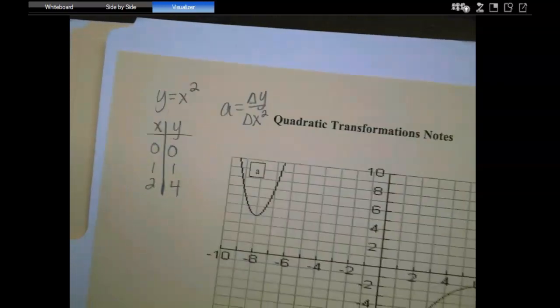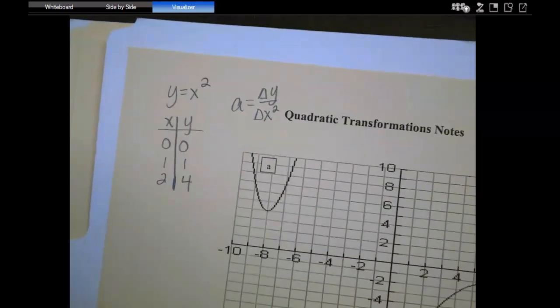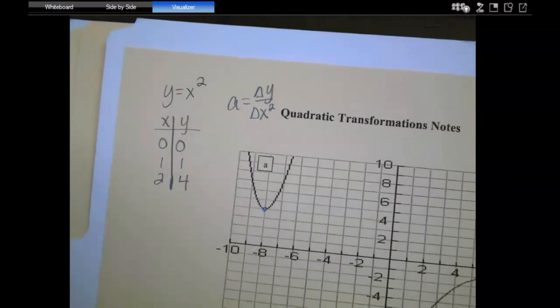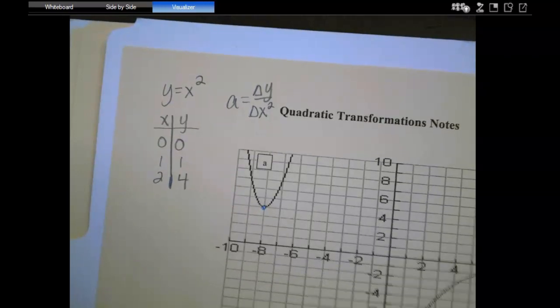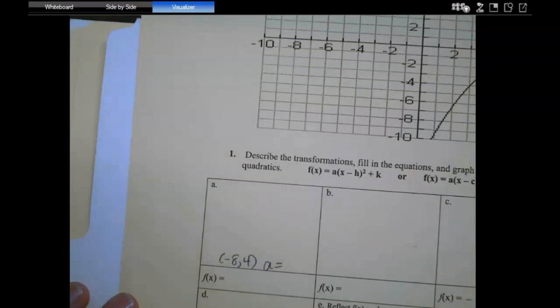All right, so if I look at my function on A, my first thing I always want is my vertex. And so my vertex here is (-8, 4). I know you can't see it, but I'm writing it here. So the next thing I want is my a value.